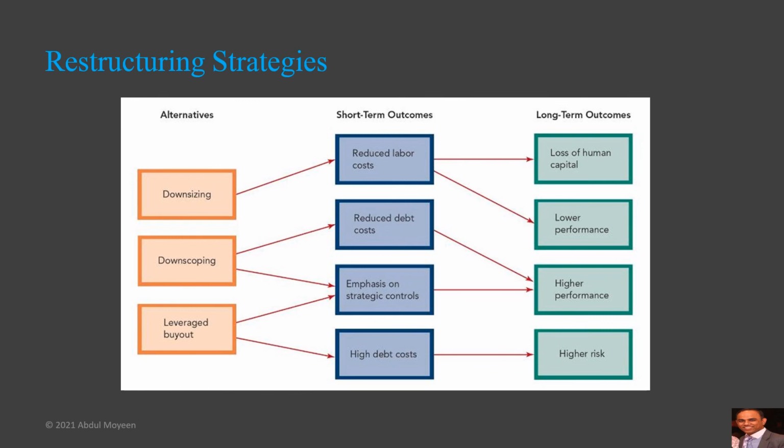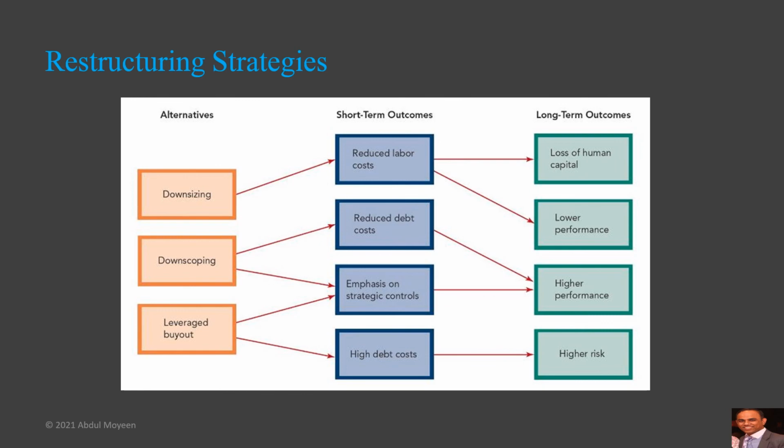And the third one is leveraged buyout. Leveraged buyout also emphasizes strategic controls, get rid of all those assets that are not needed, focus on our core competencies and core business, but it has a high debt cost because these managers and employees may not have the required amount of investment to buy the company.